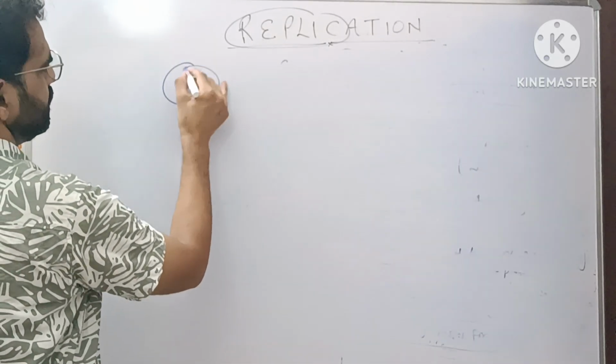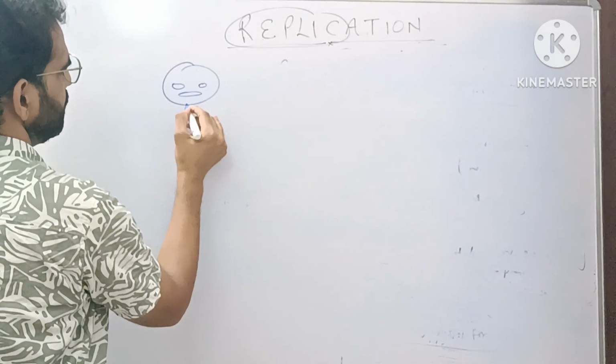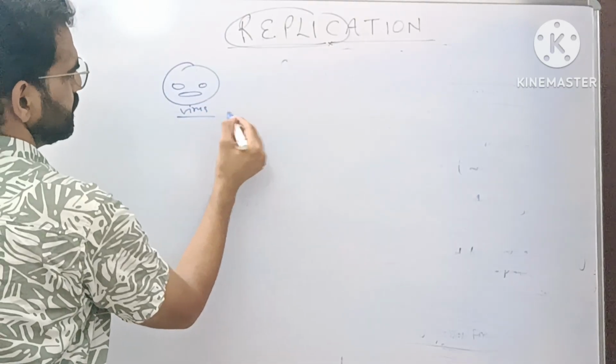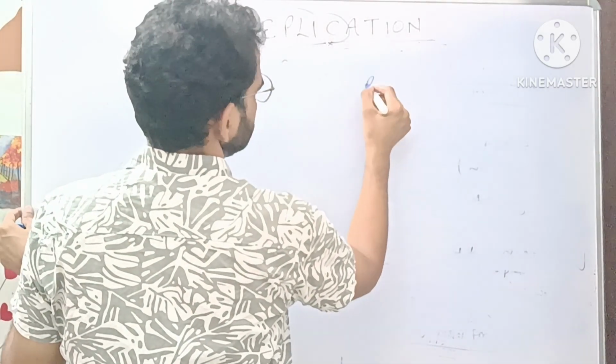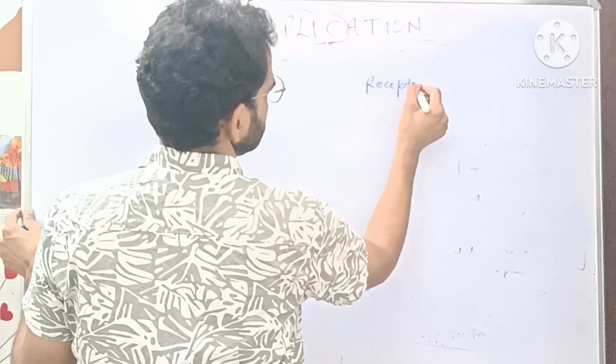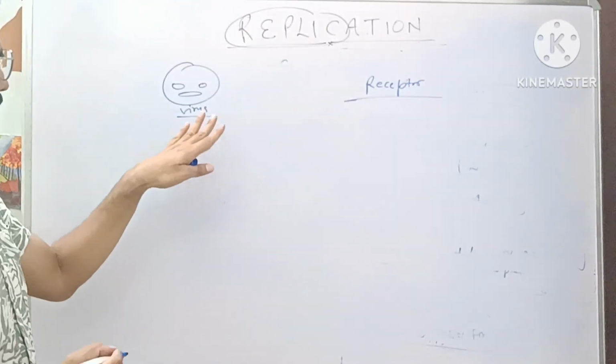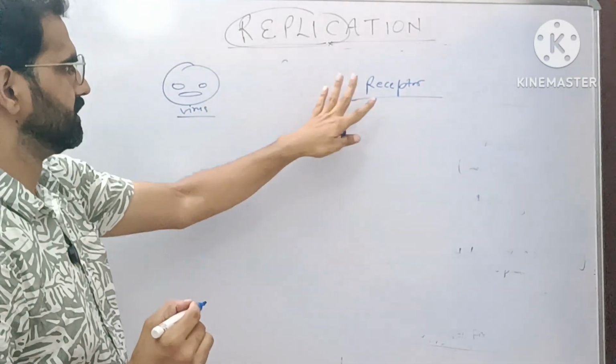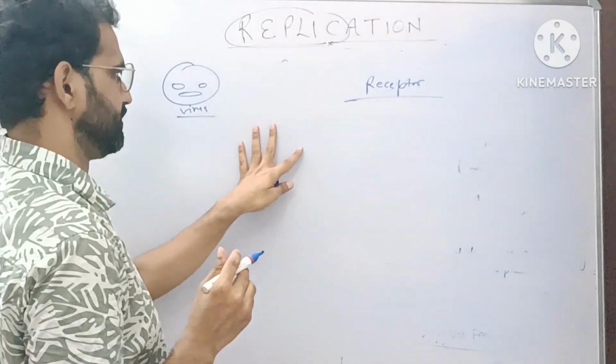Then here is the virus and here are the receptors. So the first interaction of virus with receptor is the attachment step.